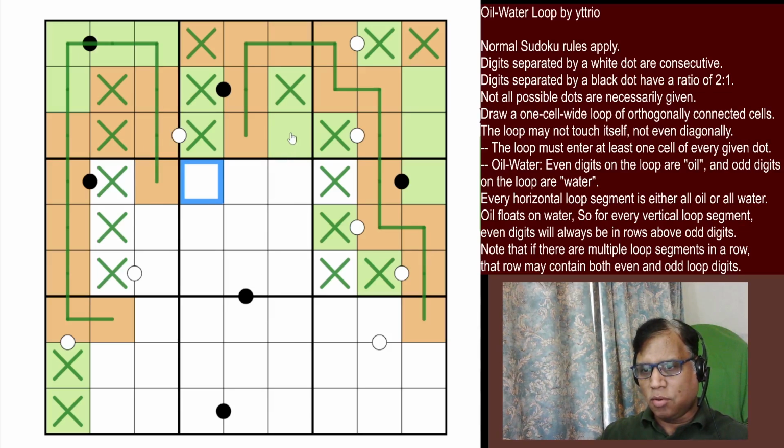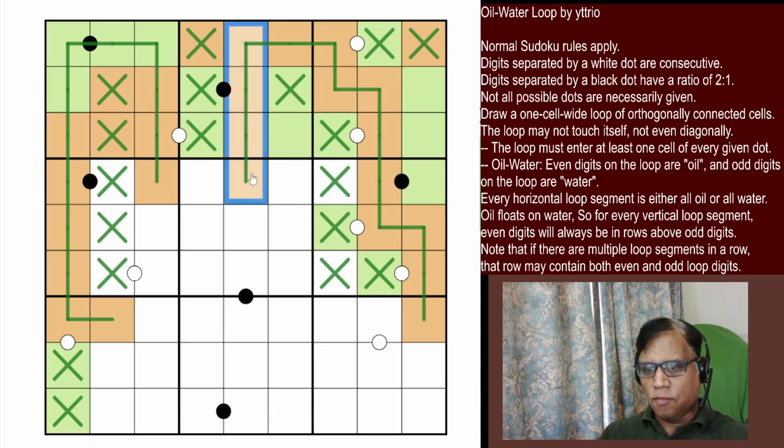Yeah, now this cannot go here, right? Because this is even, and you cannot have odd and even on a single row. So this must come down, and that has to be now odd. Now 4 odds are done. So yeah, one more is allowed, right?